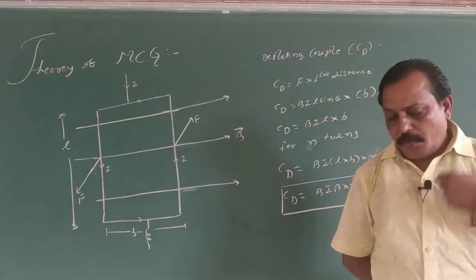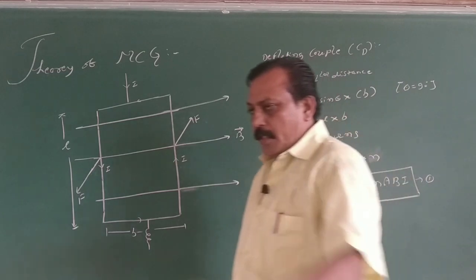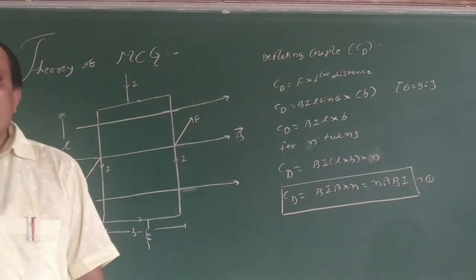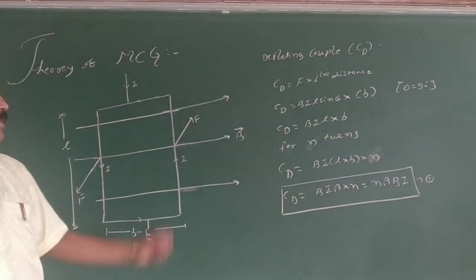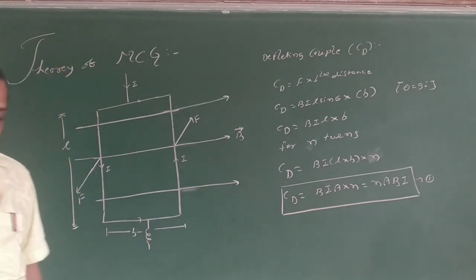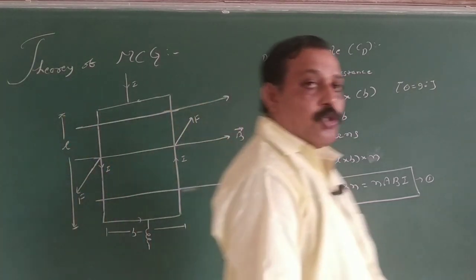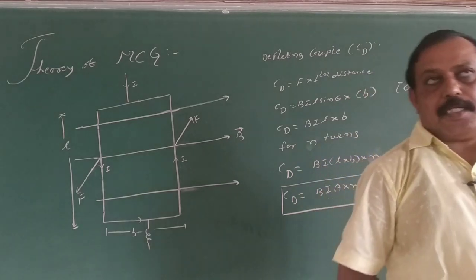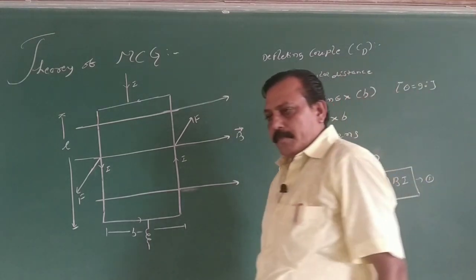When the coil is rotated, the coil is suspended with the help of what? The suspension strip. When the suspension strip is rotated, the torsion is created and it is accumulated at the torsion head.